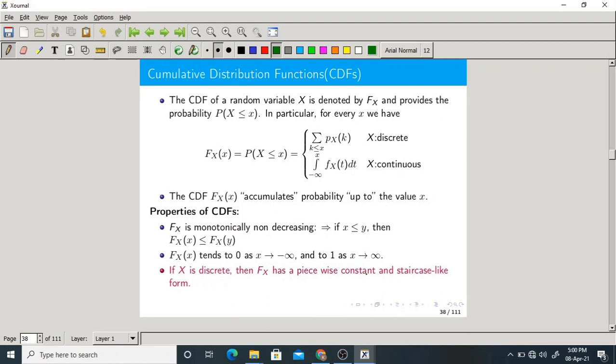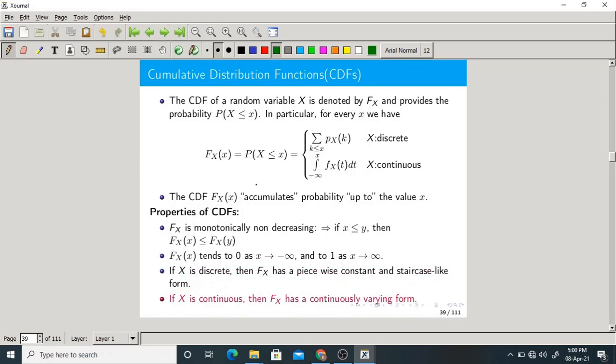I told you just now also, if it is discrete, it has a piecewise constant, staircase-like structure. It has got discontinuities. If the random variable is discrete, its CDF will be discontinuous, having a staircase-like form, also called a piecewise constant CDF. Whereas if x is continuous, its CDF is also continuous. It doesn't have any discontinuities. Okay.